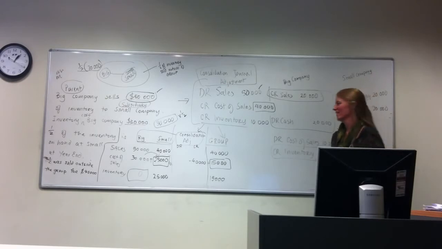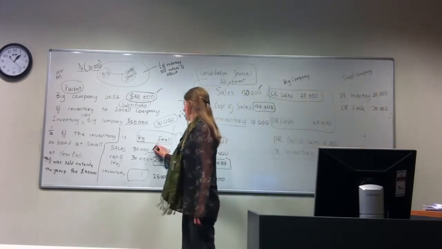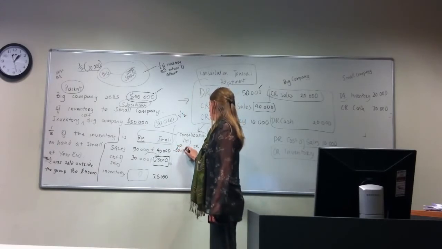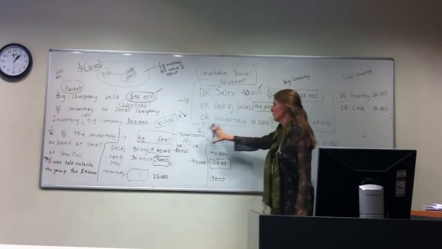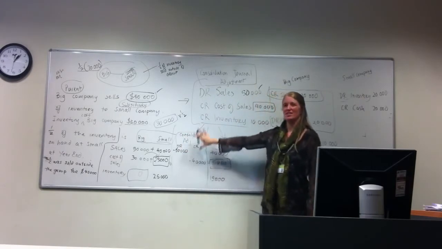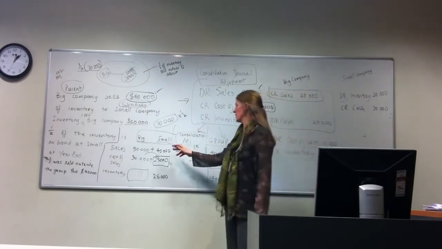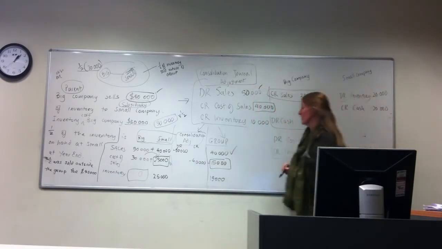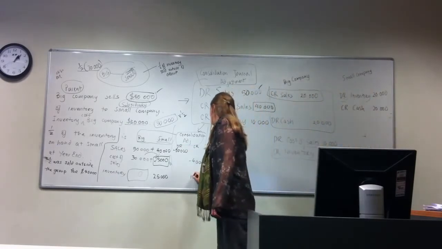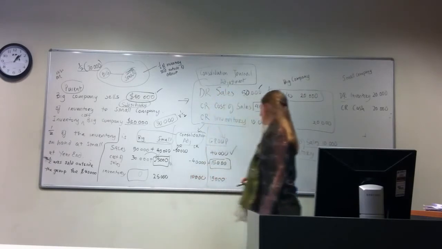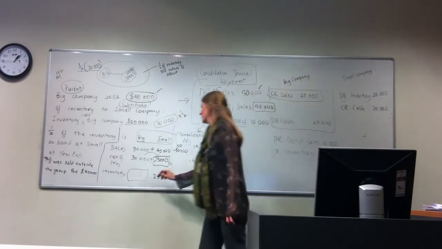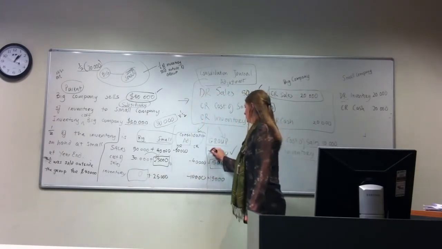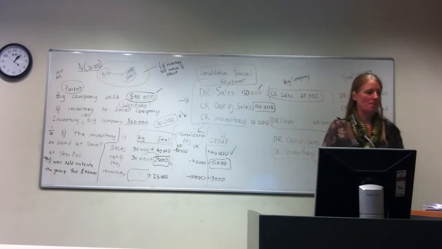Yeah? Obviously sales, 50 plus 40, minus 50. Okay, this journal entry goes here in the worksheet. 50 plus 40 minus 50, 40. And obviously the inventory, we've got a credit, 10. Small's 25 minus 10 equals, right, easy.